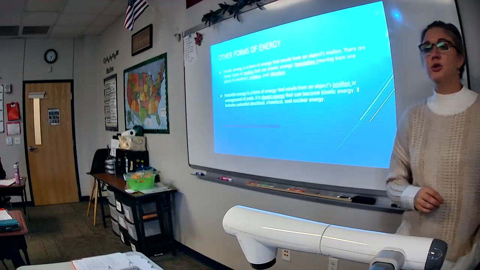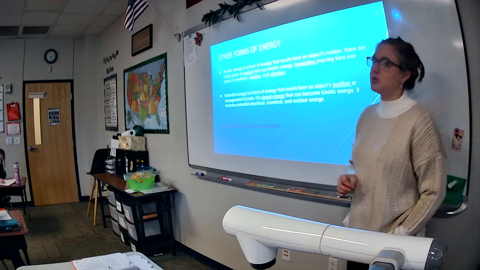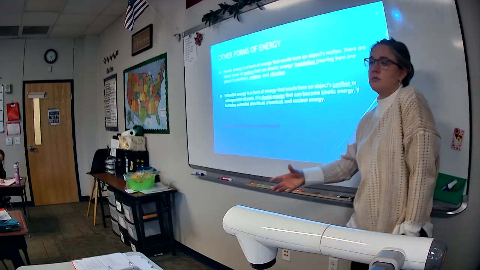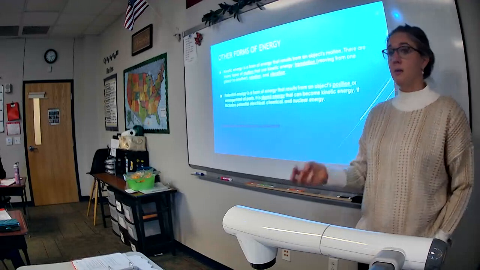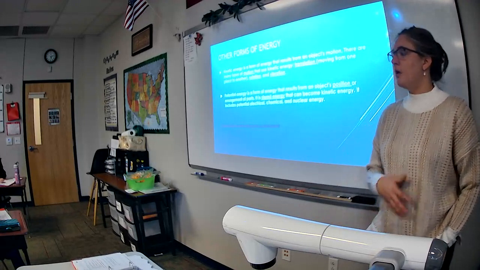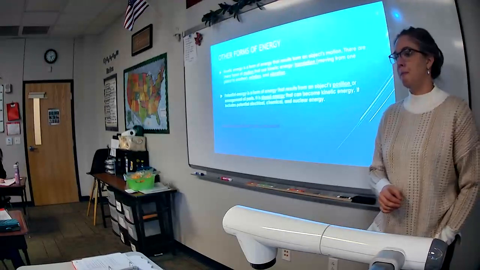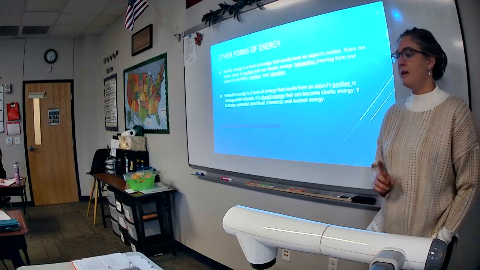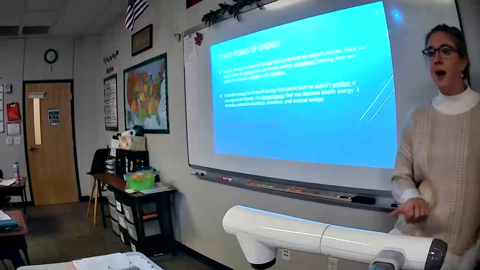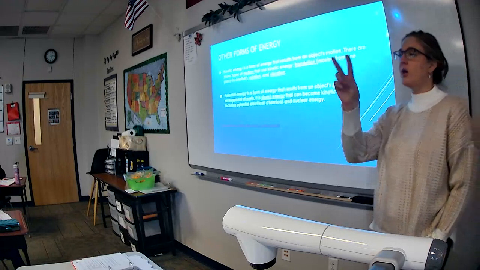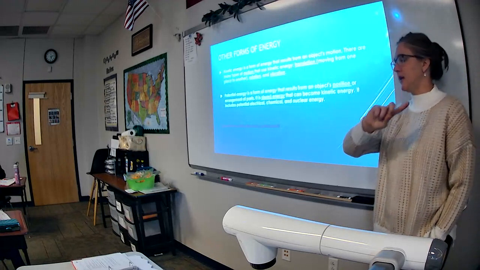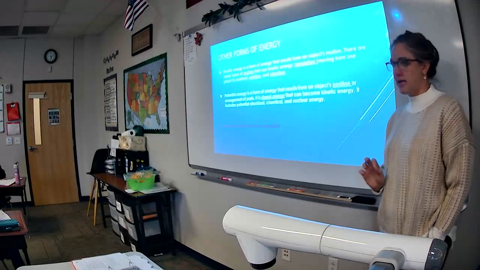Does it have the potential to create motion? Does it have the potential to create a nuclear explosion? Does it have the potential to produce a chemical reaction? All of those could be a type of potential energy. Okay? Now, in just a second, we're going to practice identifying which object has the kinetic and which one has the potential. And then it should make a little more sense.